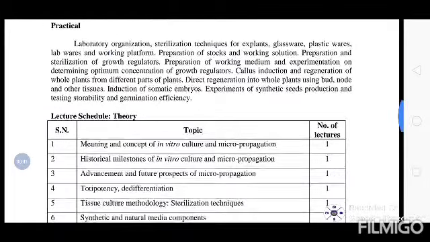Then practical includes laboratory organization, sterilization techniques for explants, glassware, plasticwares, labwares and working platform.